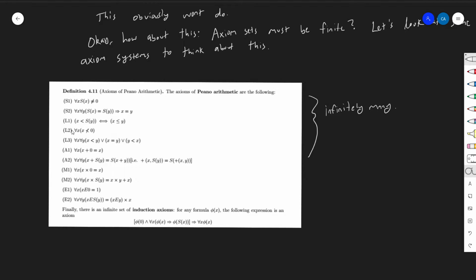Then these are axioms for the less than. If x is less than its successor, then x is less than or equal to the thing before the predecessor, right? Obviously, for all x, there's no x less than 0, sure. These are pretty self-explanatory for the most part. Here's another one for less than. This is trichotomy: either x is less than y, or x is equal to y, or y is equal to x.